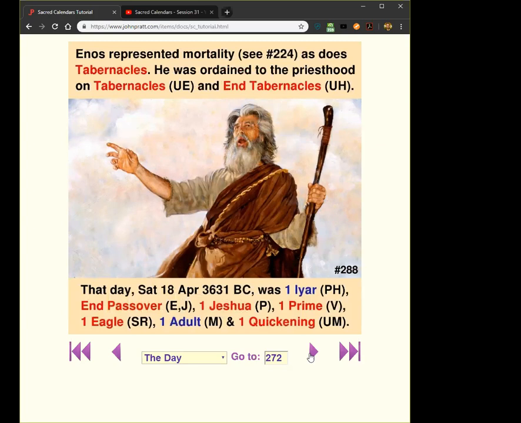And tabernacles has to do with becoming mortal. He was ordained to the priesthood on tabernacles. Again, we have tabernacles on uniform Enoch, and on tabernacles, uniform Hebrew. So he's just Mr. Tabernacles and mortality on all of these different calendars.